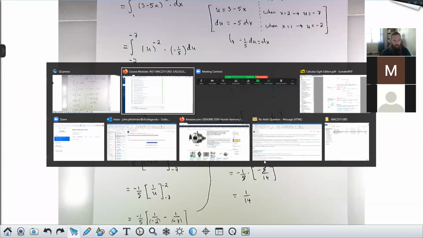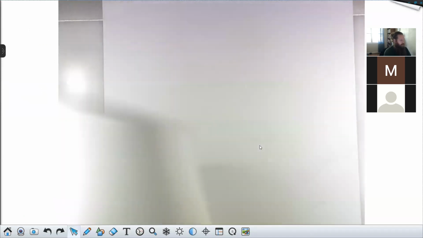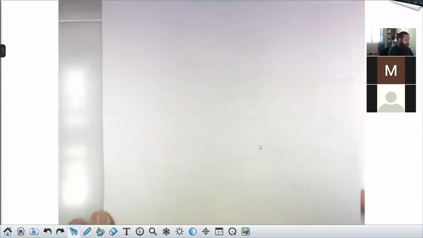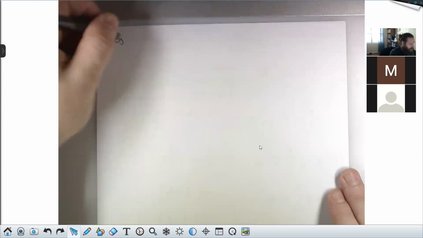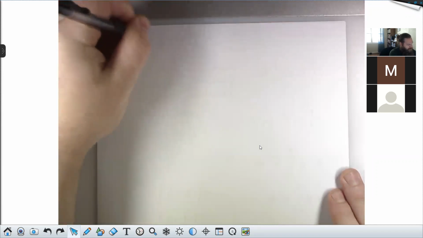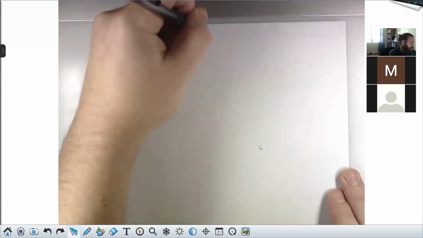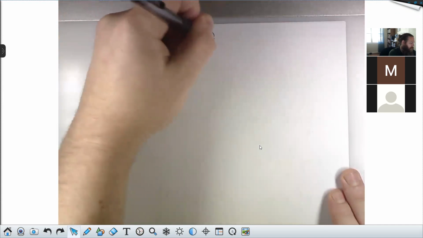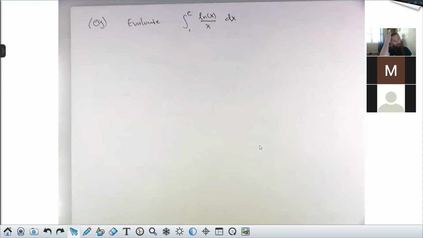So the next example is the one from the book that we had right here: the integral from 1 to e of ln x over x dx. This will be our first example of a substitution problem where the differential isn't constant.